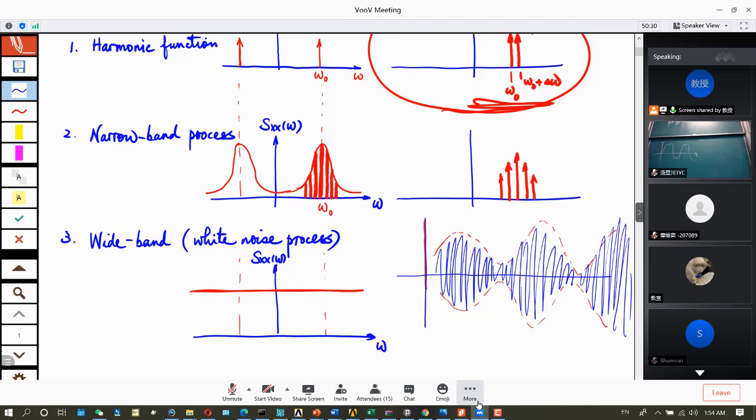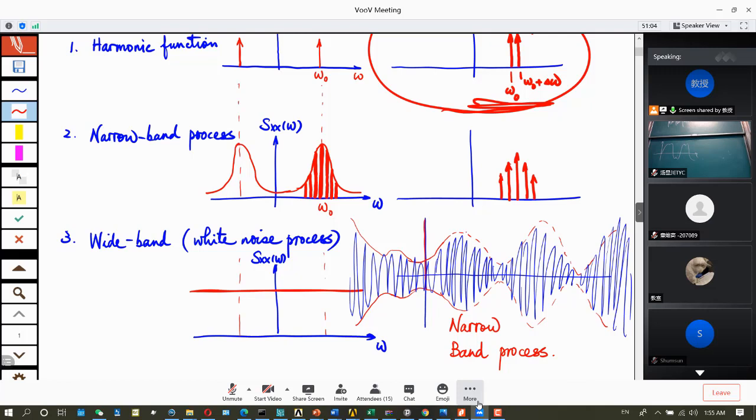Okay, so the envelope, in this case, is not a sinusoidal function, but it changes. Maybe I draw a few more. Okay, so this is a narrowband process.